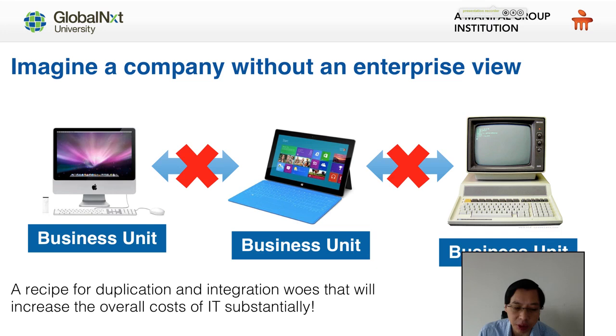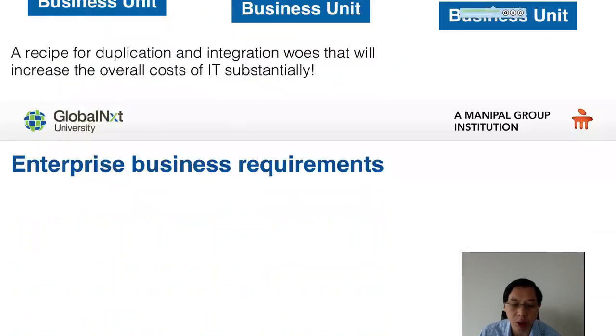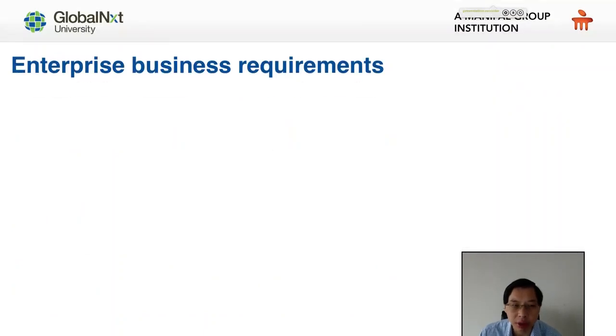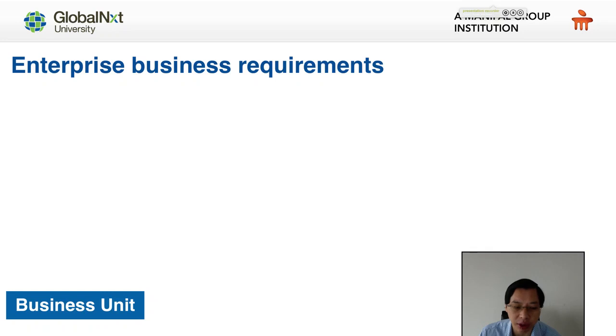So this is really a recipe for duplication and integration issues. With separate business units making their own IT decisions, this actually increases overall costs of IT, as well as posing a lot of challenges around data duplication and integration. So this is an example of a company that hasn't taken an enterprise view of what they're doing.